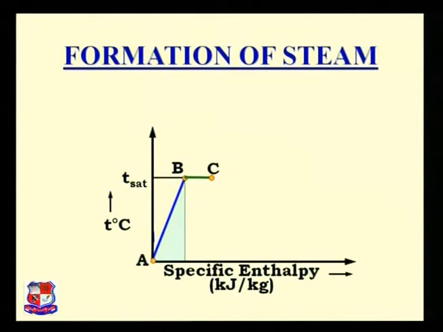Continuing the heating, we get point C or state C where we get the wet steam having the mixture of water as well as steam. Again continuing it, we get point D where the dry steam is obtained, and again heating we get point E where it is known as the superheated steam, and this is the combined diagram of the formation of steam.